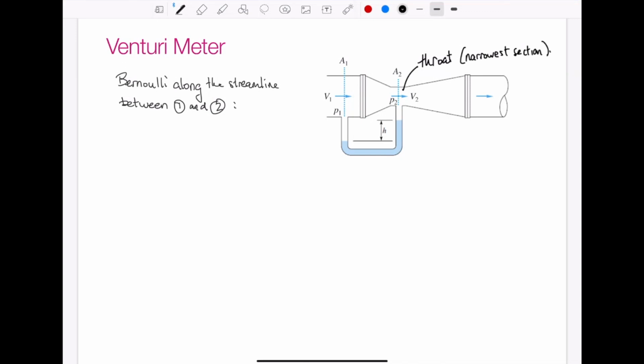And we use Bernoulli's equation along the streamline between these 2 points. And we treat it as a 1D, one-dimensional frictionless flow.